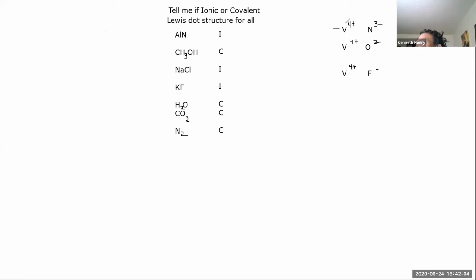Okay, over here. So what is going to be the compound that we're making? The first one, this one right here, B 4 plus and N 3 minus.